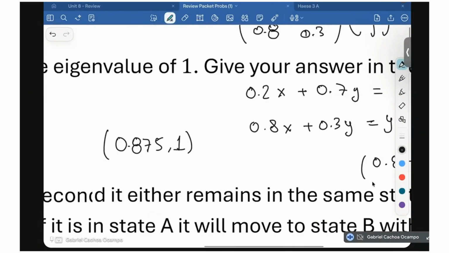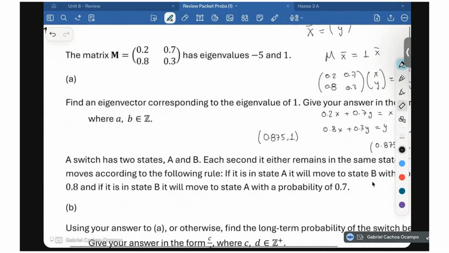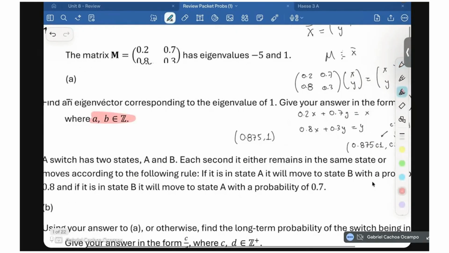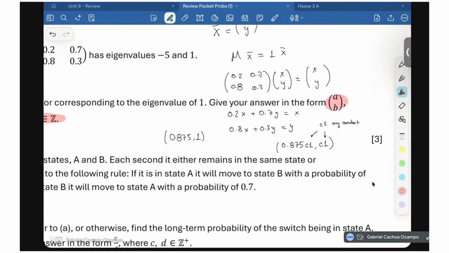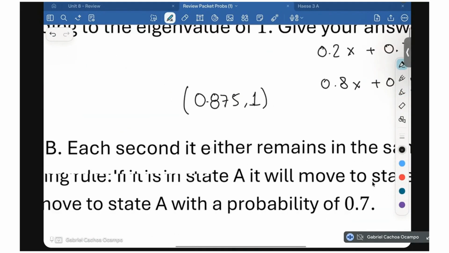But look at what the question is telling me. The question is asking me to write it as (a, b) such that a and b are whole numbers. So I just need to multiply by something such that this vector has both entries as whole numbers.